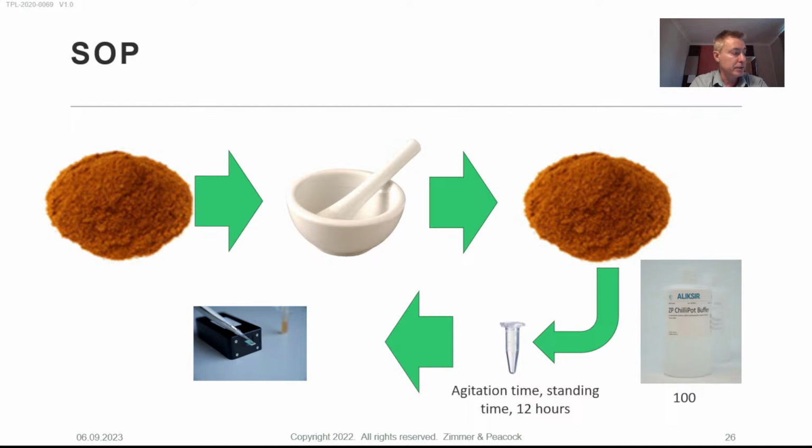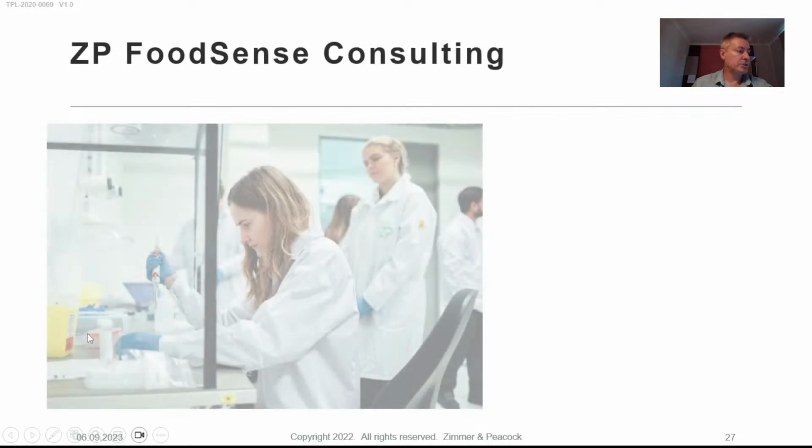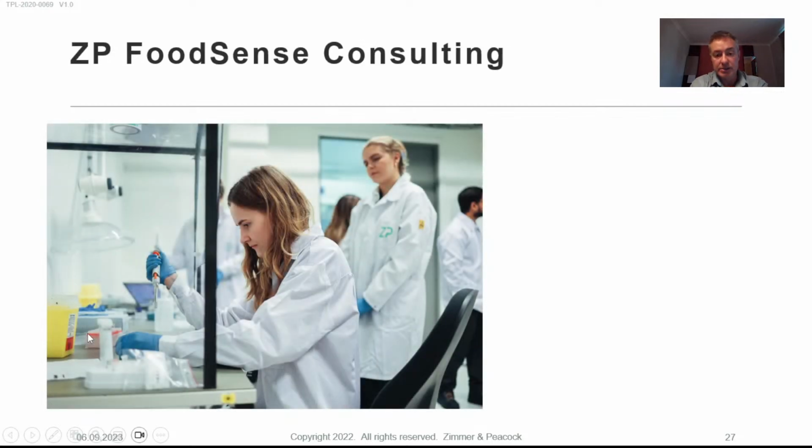An SOP is a document written by the company itself. It tries to achieve the company's goals, and it's very hard to know from the outside what those goals are. But at ZP, we're pretty good at science and understanding, really balancing what the company is trying to achieve and what the equipment is capable of, and coming up with an SOP that connects these two things.